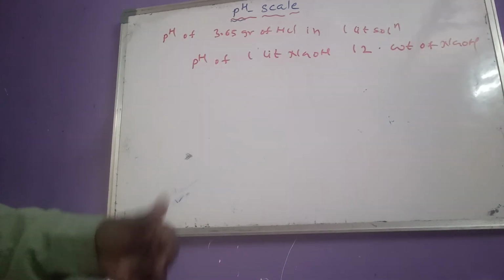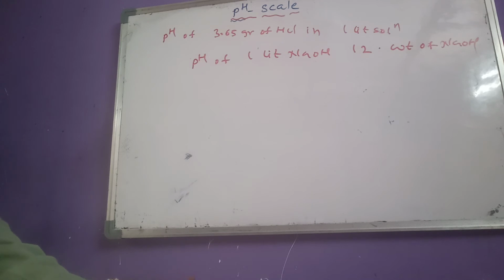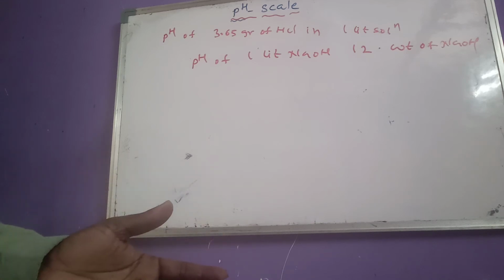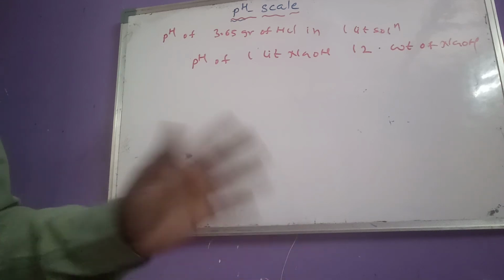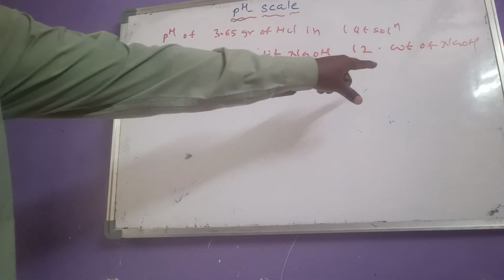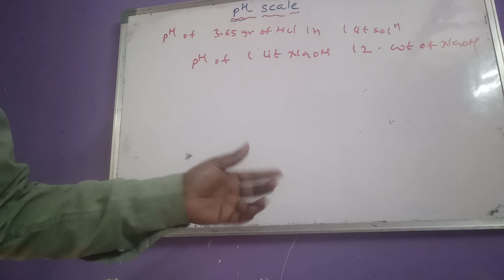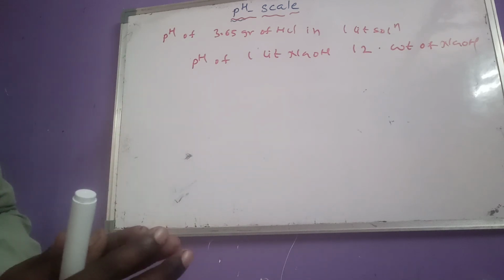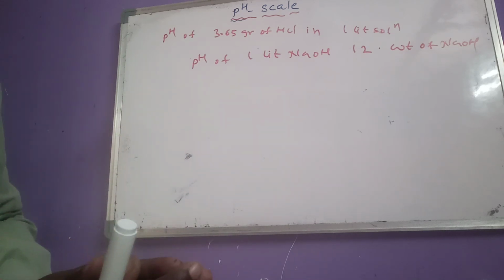So first they have given the pH. But if you want to calculate the weight of NaOH, we should know the normality of NaOH, because using normality one can calculate the weight of the given substance. To find the normality of NaOH, we should calculate the OH minus ion concentration.